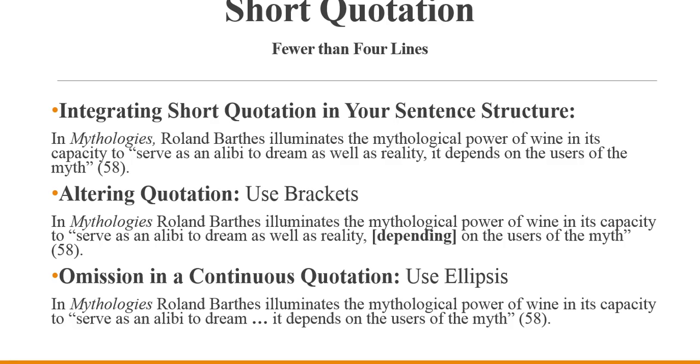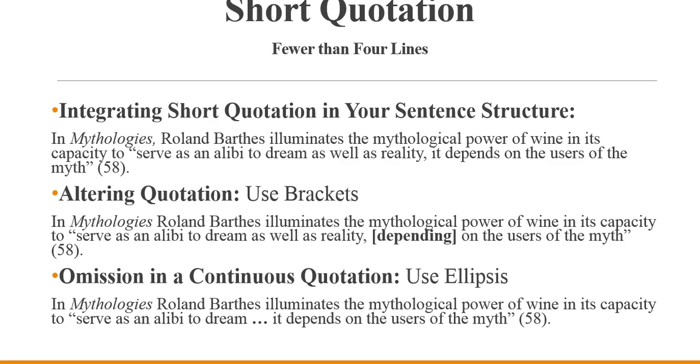Okay, so we're going to talk first about how to incorporate short quotation in your essay. Short quotation is defined as fewer than 4 lines in your own essay, right? So if you are quoting a source that takes up less than 4 lines in your own essay to represent, then the quotation is considered short quotation.